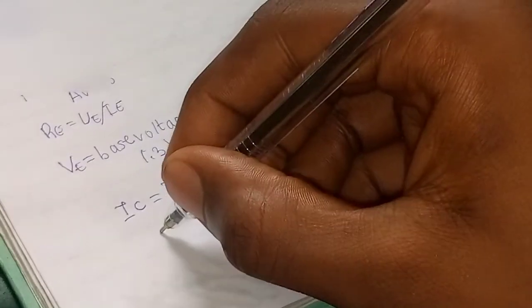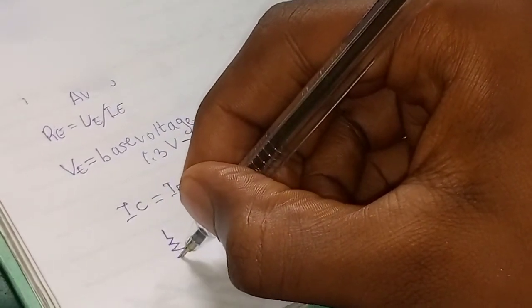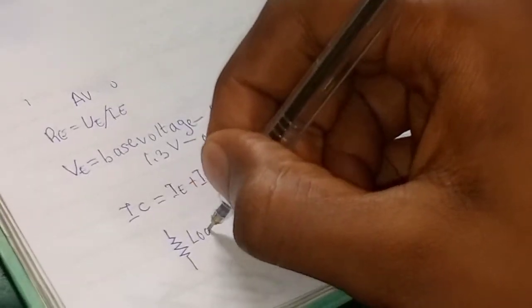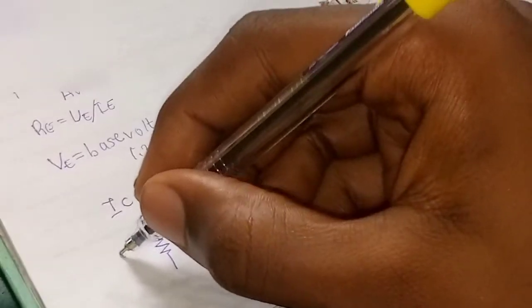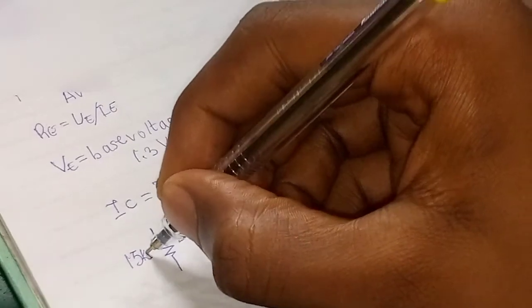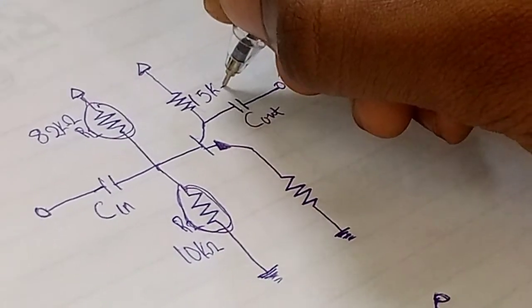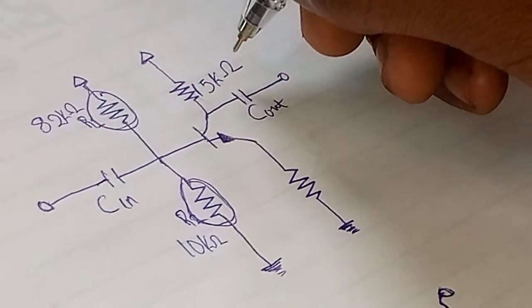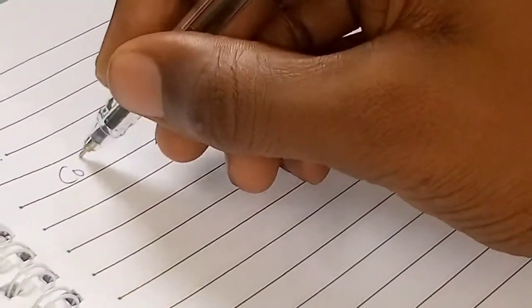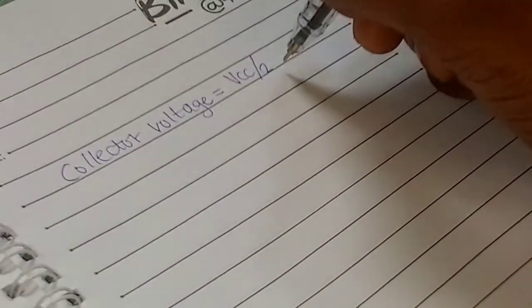We need to know what you are going to be connecting at the output of the amp that you are making. So let's say we have a load impedance of 15 kilo ohms, so the collector resistor will be at this value. In a class A BJT amplifier, we usually bias the collector to have a voltage of almost half of VCC. So in this case, it is 6 volts.